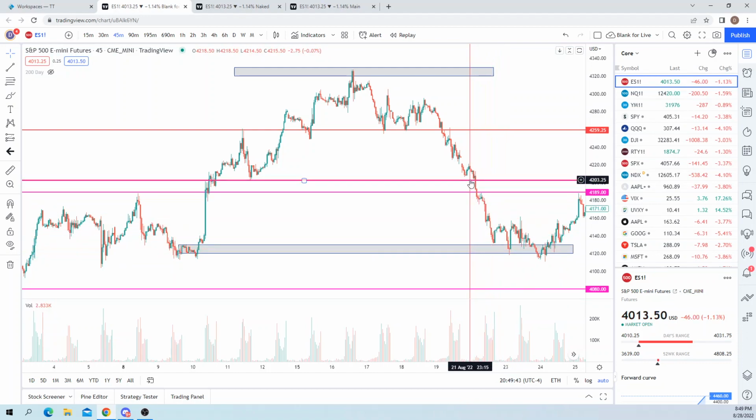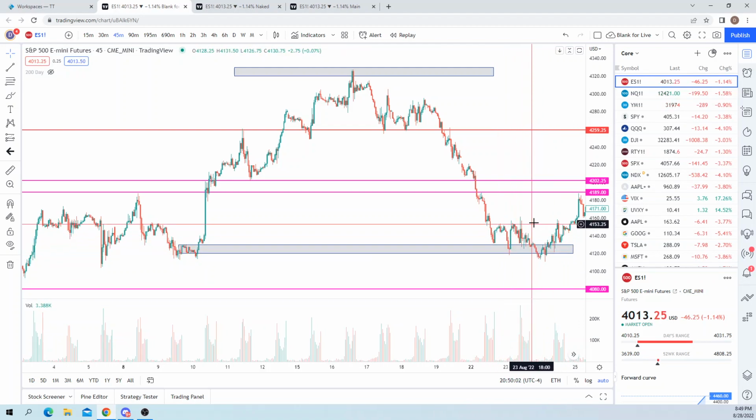So on Monday we got a nice push lower. This is exactly what I wanted to see. Then on Tuesday, August 23rd, and Wednesday, August 24th, price found bids in that area.